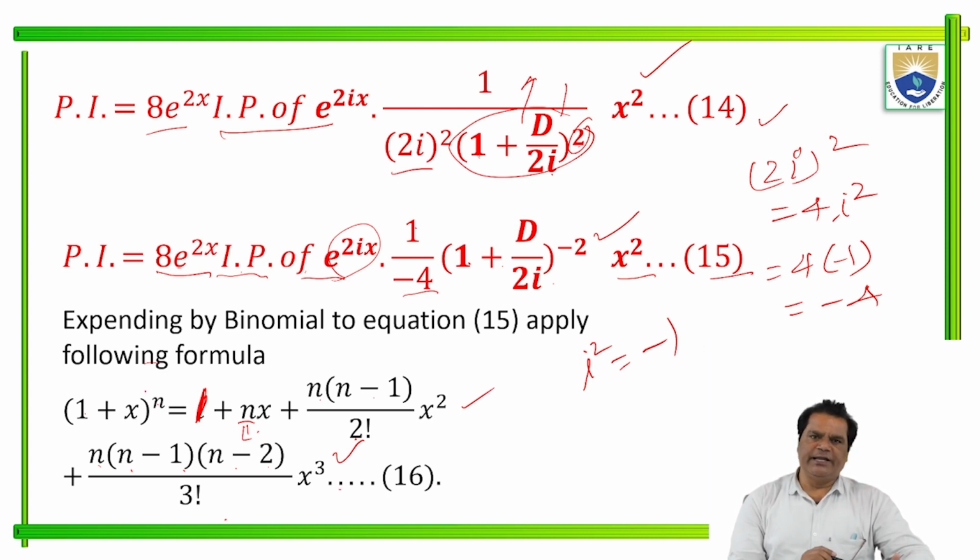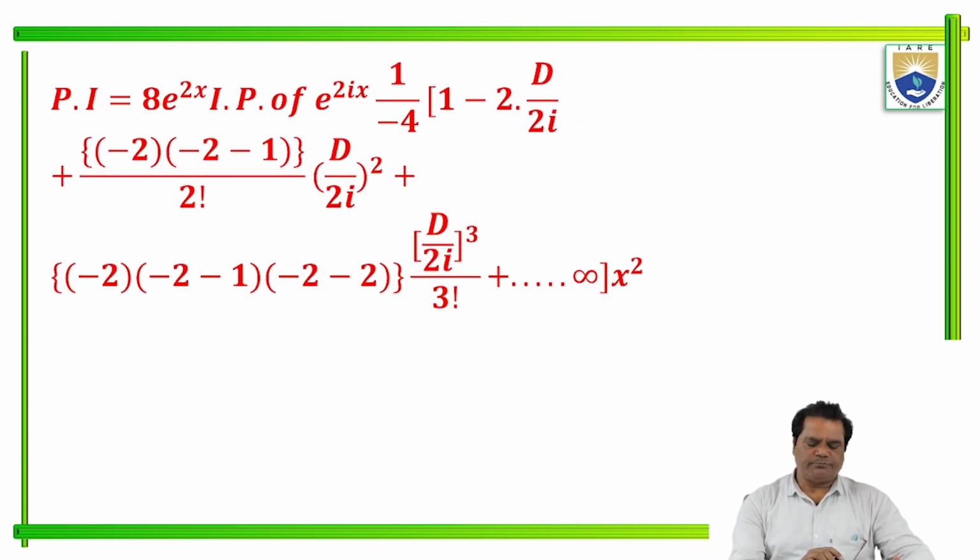If n is a negative or rational power, then this goes to infinity. Here it is a negative power. In our question, n is minus 2. So now putting n equal to minus 2, we get the expansion of this.